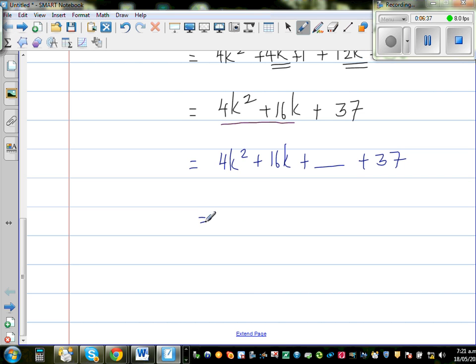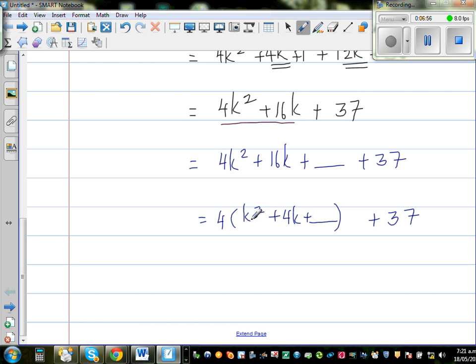I think this is a better way: I'll factorize 4, so it's 4 times (k squared plus 4k, keeping a gap here) plus 37.